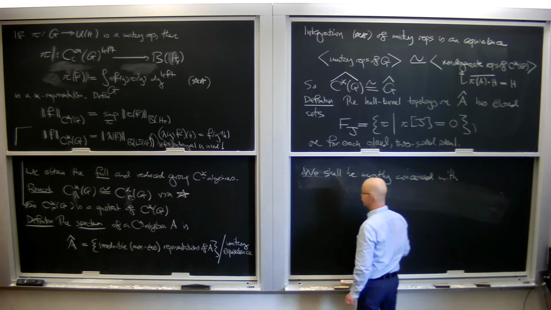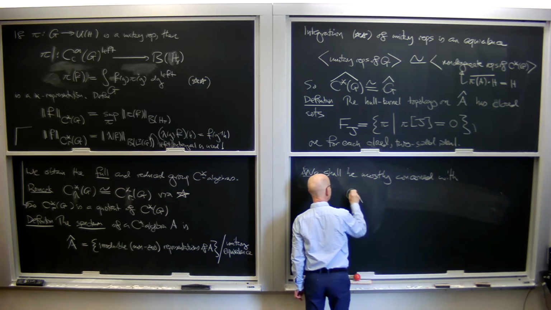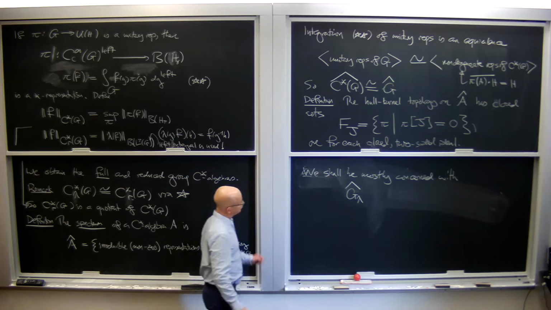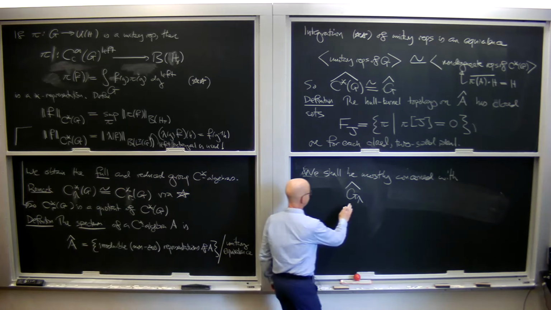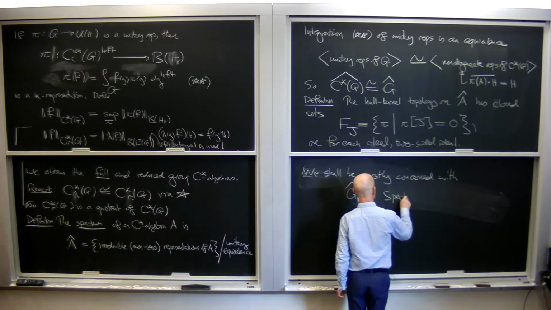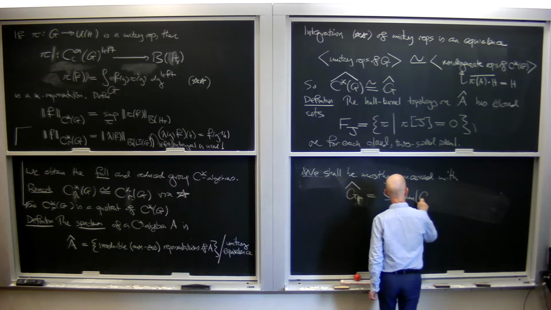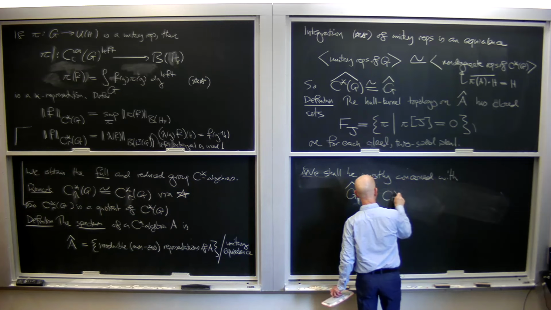So we'll be interested in an easier question, trying to understand something about this. I should call it R for reduced, the spectrum of C star. I guess we weren't writing it like that. We were writing it like this.